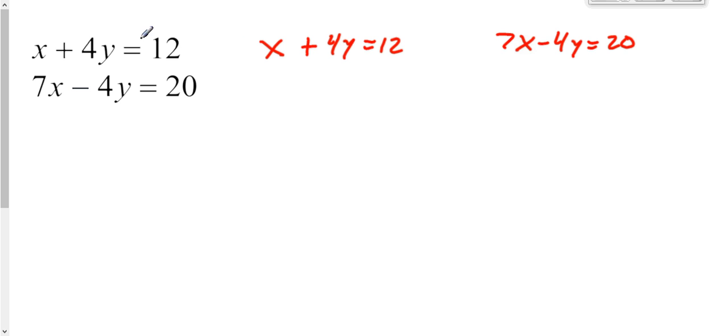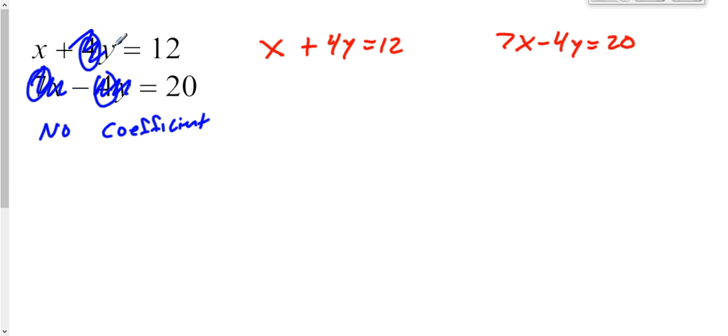So what we're going to look for is any of these terms that don't have a number accompanying it, so we're going to look for no coefficient. Coefficients are the numbers that are in front of our variables. Because all three of these have coefficients, it's actually best to get this x by itself.